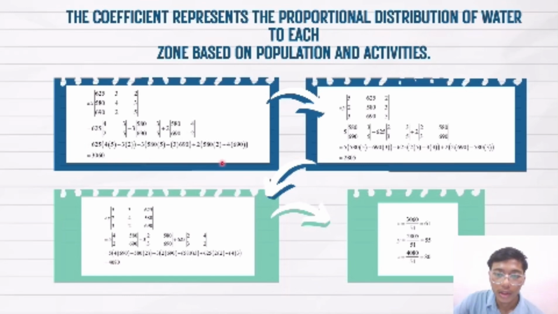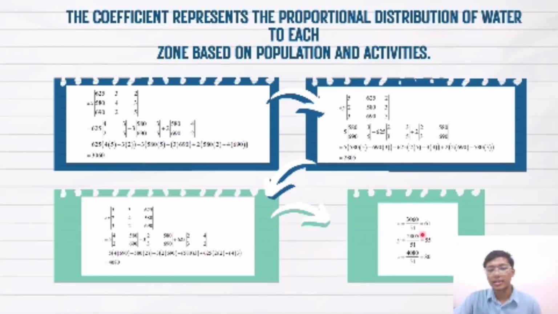Okay, for determinant y, we do the same steps, just the difference is the coefficient we need to insert in column 2. For z, we need to replace the column 3 with the coefficient. The step is just similar with the x. So we get all the determinant for x, y, and z.